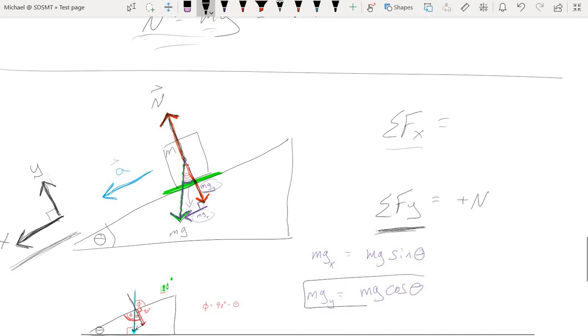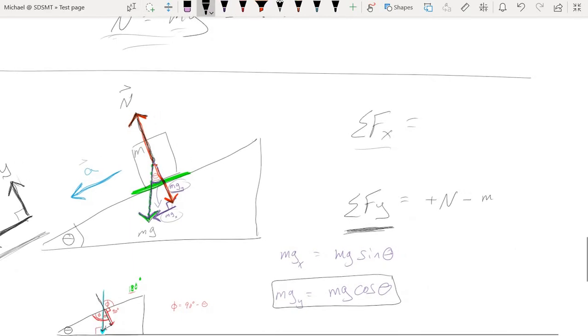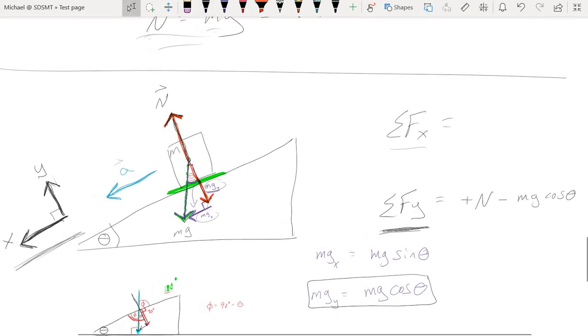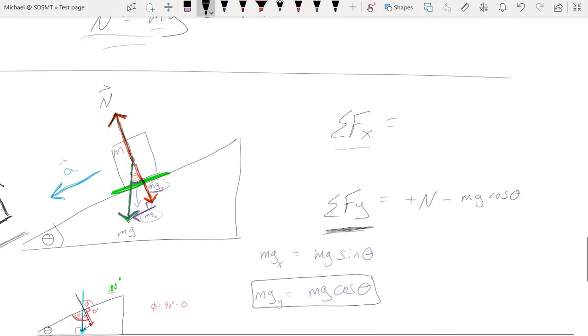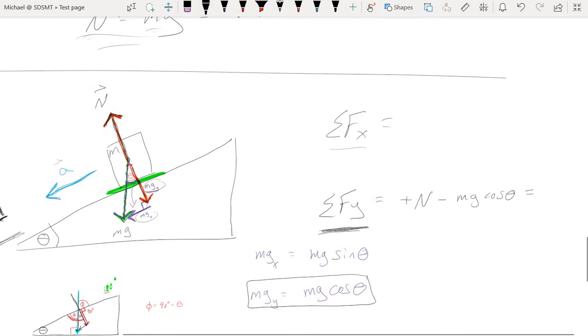So we're going to attach a minus sign to it because it is pointing in the negative y direction. And that's all I have for vectors that are pointing perpendicular to the incline. And so, like any sum of force expression, we can say that this will equal the mass of the object times the acceleration that it will experience along that axis.